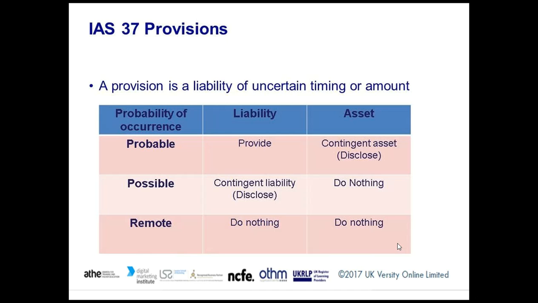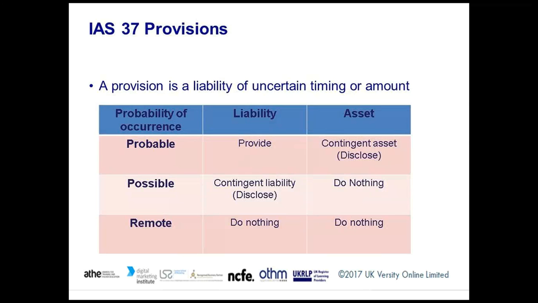Okay, IAS 37, provisions. Sometimes it's called contingent liabilities. Think about the case against Facebook, still in the European Court of Justice. If the likelihood is more than 60% that this case will go against Facebook, then Facebook should show it in the financial statements as probable. Because it is likely to happen, a provision should be made, and if it is a contingent asset, it should be disclosed in the books of account.